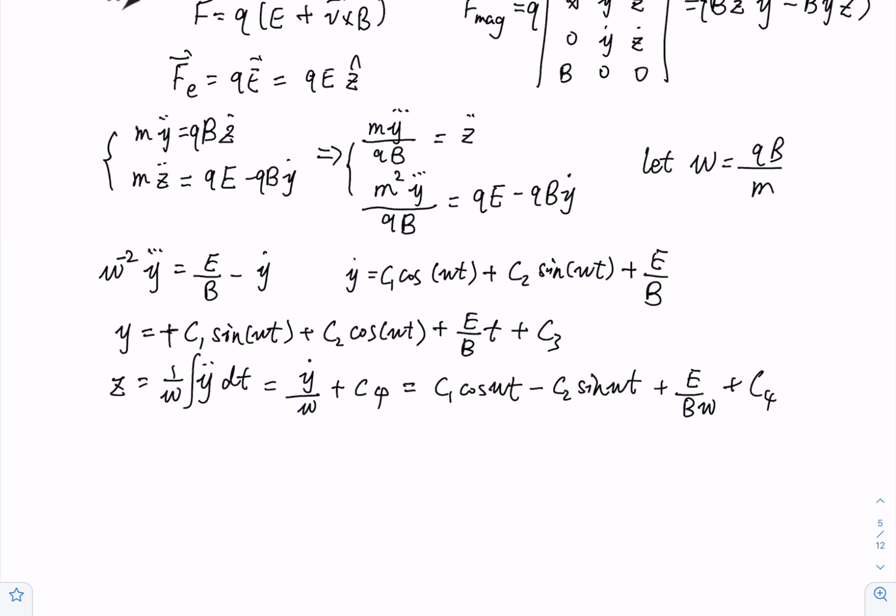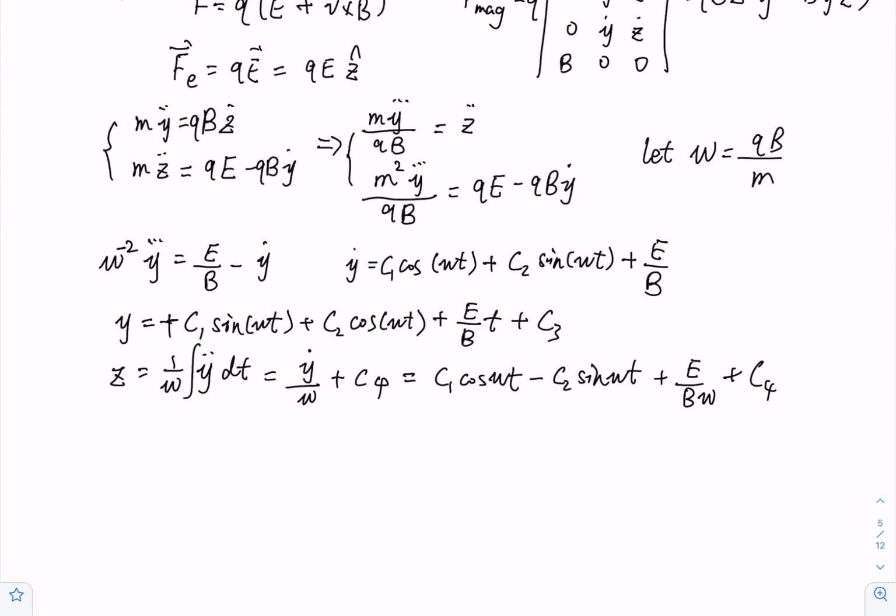So now we also have the initial conditions. Here we say that we put the particle at rest, so we start from 0, 0, 0, and we also start at zero velocity.